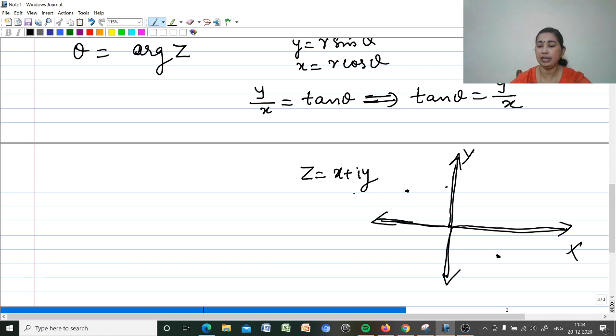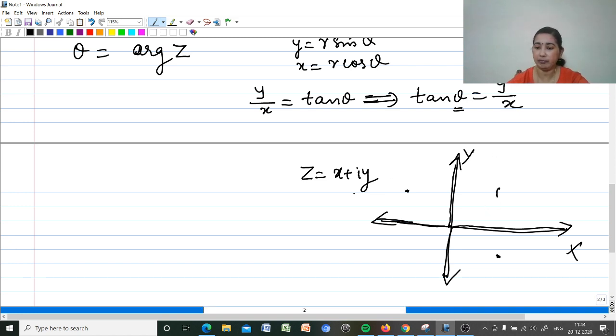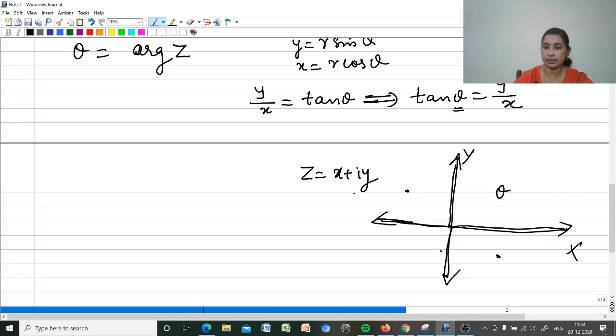If it is coming in the first quadrant, the value you have got for theta, we take the same as theta itself. So check in which quadrant it is coming. If it is in the first quadrant, we can take the same value theta itself. That is, if it is in this quadrant, this angle will be theta itself. Then if it is coming in the second quadrant, here, you have to take the angle as this.